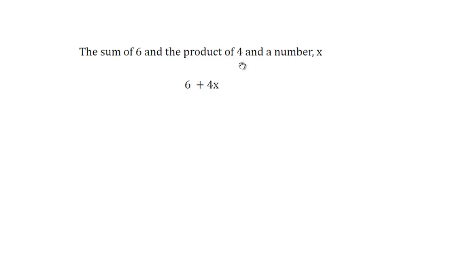In this case, they are 4 and a number x, or 4x. So we have the sum, that's the addition, of 6, that's the first number in our answer, and, that is the plus sign, the product of 4 and a number x: 6 plus 4x.